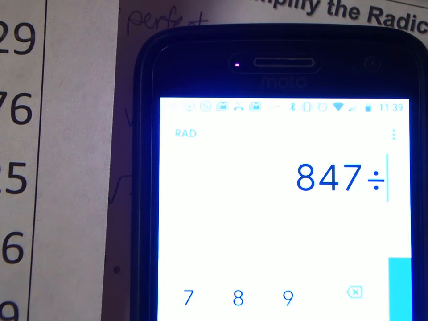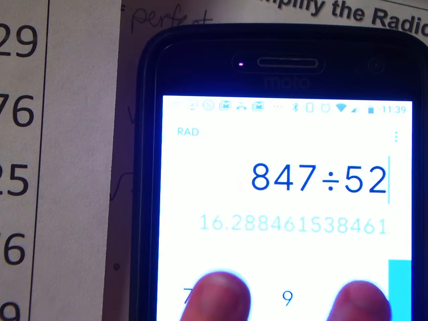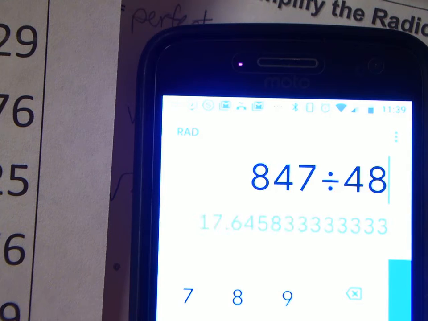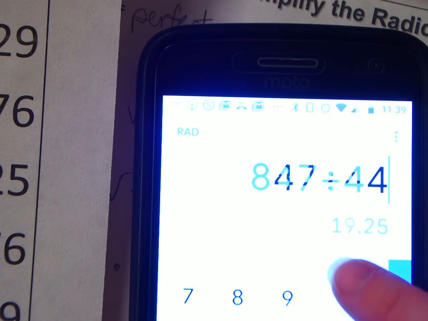Okay, so 847 divided by 529 is a decimal. So move on to 484, it's a decimal. Move on to 441, it's a decimal.